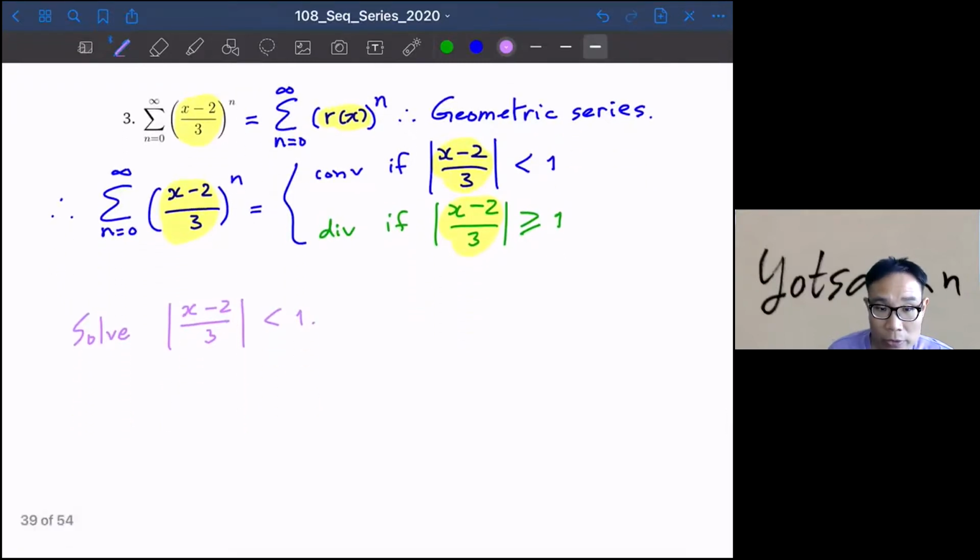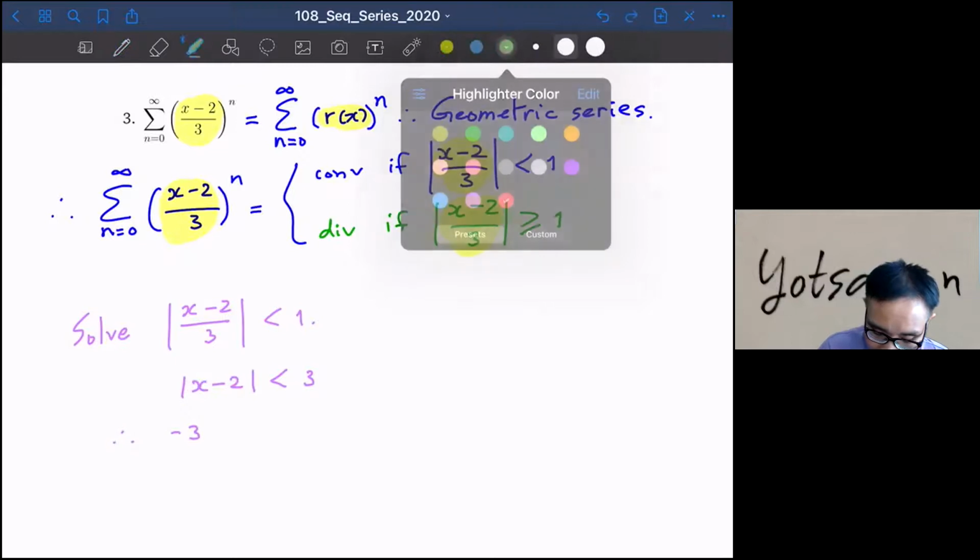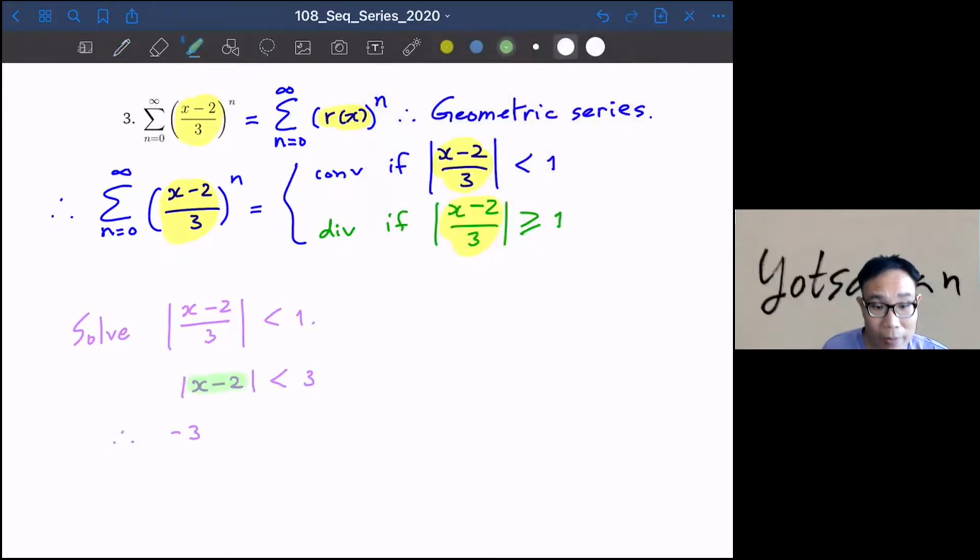We're going to solve this one, and you just multiply everything by 3. So it's going to be the absolute value of x minus 2 smaller than 3. Don't forget that the way to solve this one is that the thing inside the absolute value must lie between 3 and negative 3.